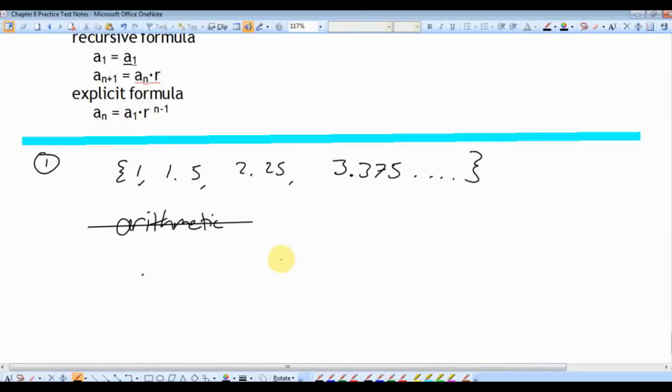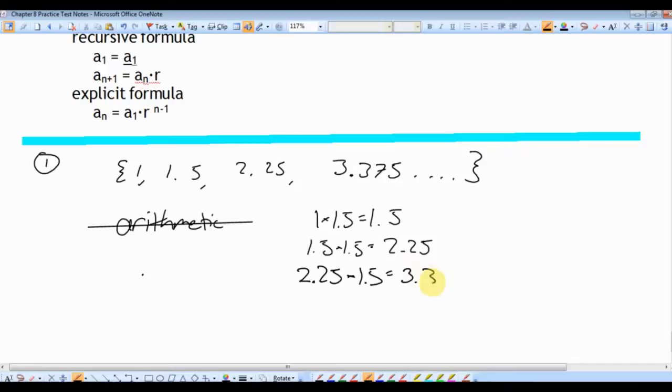Is it geometric? Let's see. 1 times 1.5 equals 1.5. Good. 1.5 times another 1.5. That's 2.25. That's correct. 2.25 times 1.5, that is 3.375.